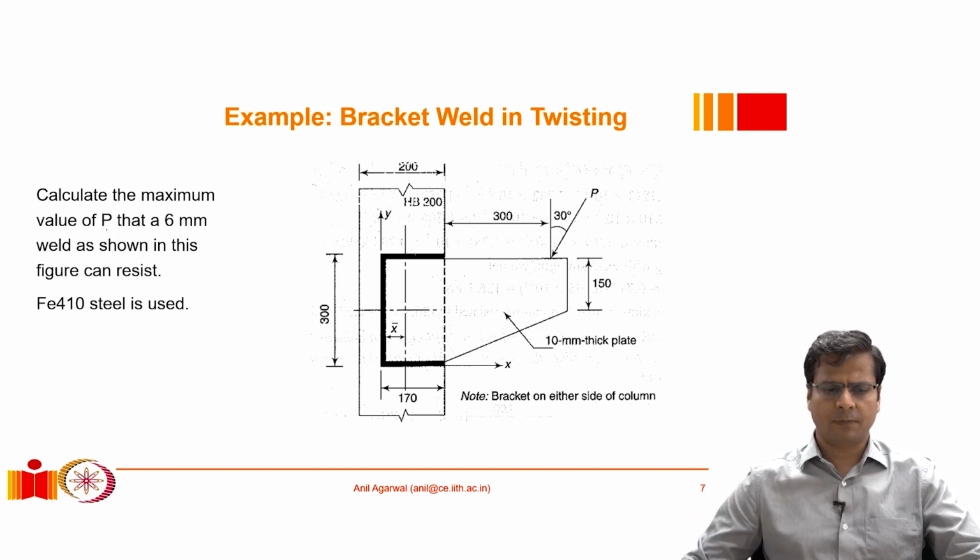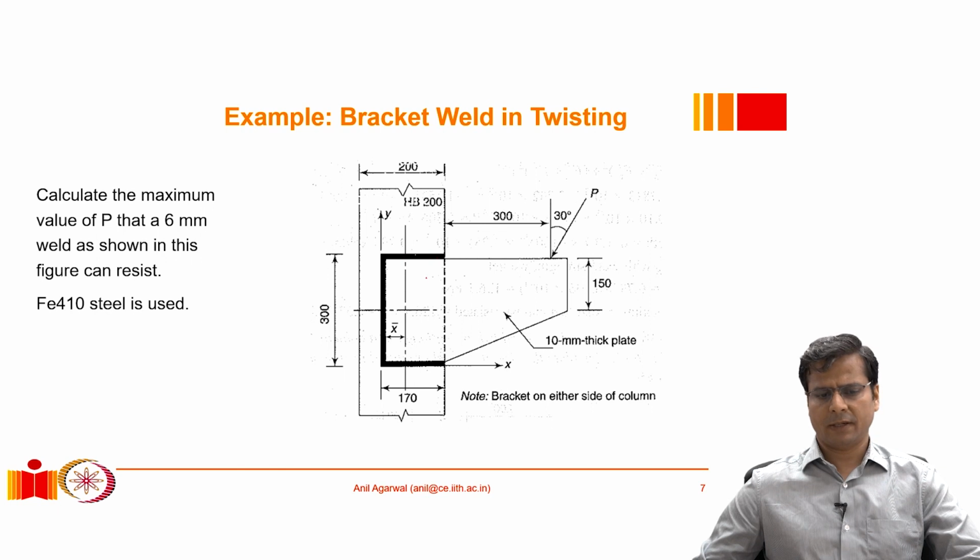and assuming that this bracket plate is very stiff, we can make a deduction that if the plate is stiff, the different portions of this weld will be deforming by the same amount. And also another assumption that we can make is that all these small portions of the welds, if you can imagine small segments, are having equal stiffness when they are subjected to this force.